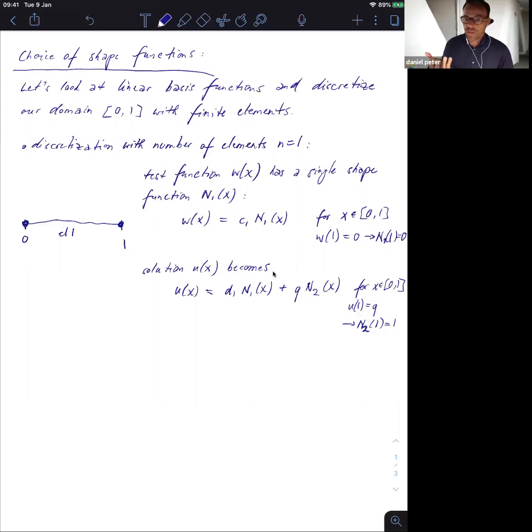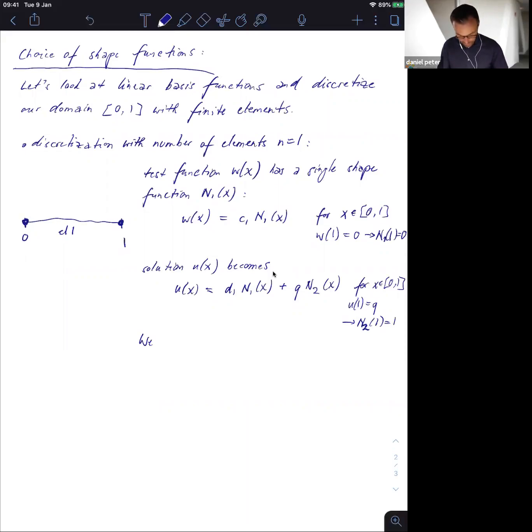So what kind of linear functions do we find now for N1 and N2 which satisfy these conditions? Both have to be linear functions. One has to vanish at point 1, the other has to be 1 at point 1. So what can we think of in terms of shape functions which are linear for these two? Well, we find linear shape functions.